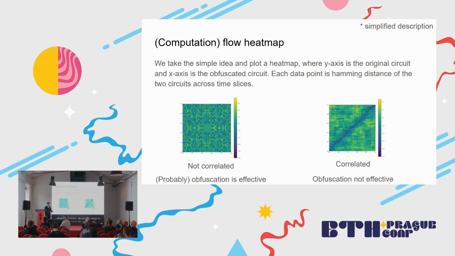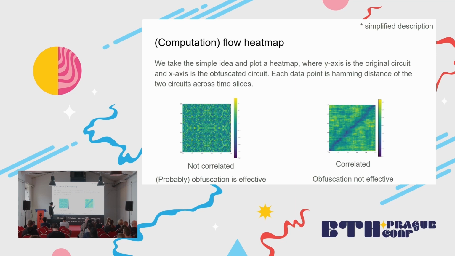So you build this heat map. Along this axis are the time slices of the original circuit, and along this axis are the time slices of the obfuscated circuit. Each data element represents the Hamming distance of the Hamming weights of the states of the two circuits at any timestamp.